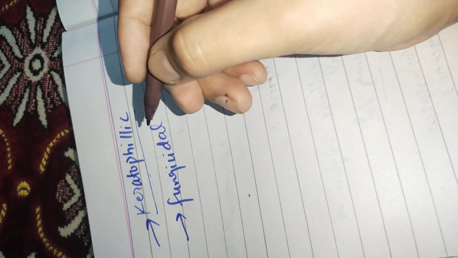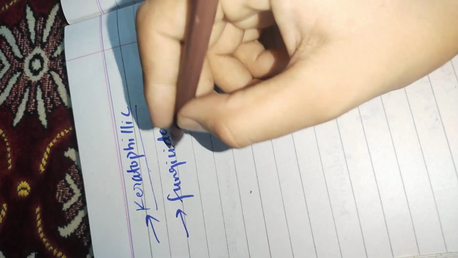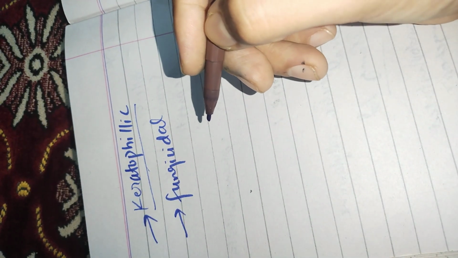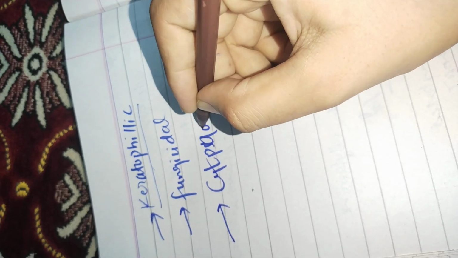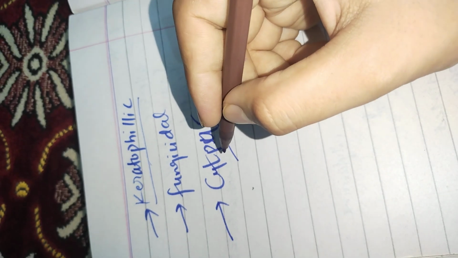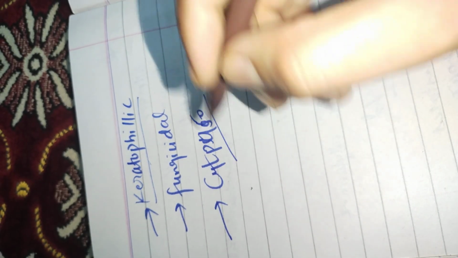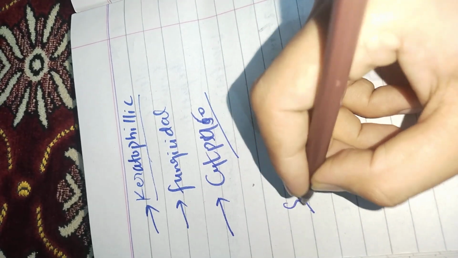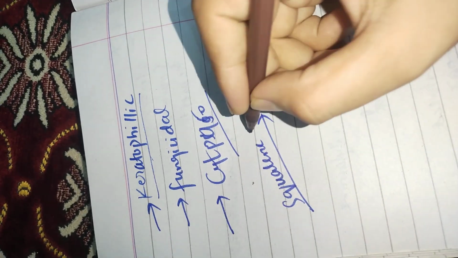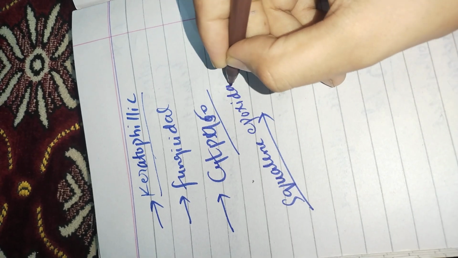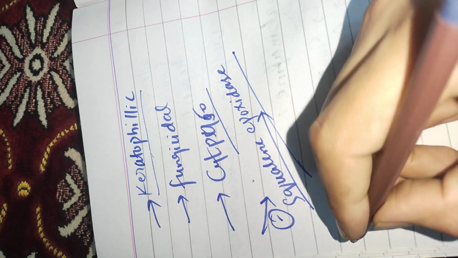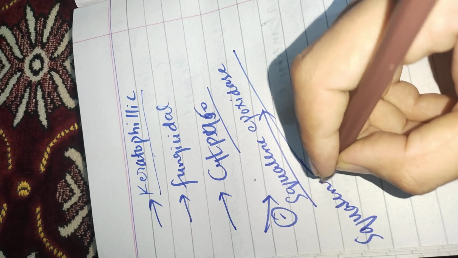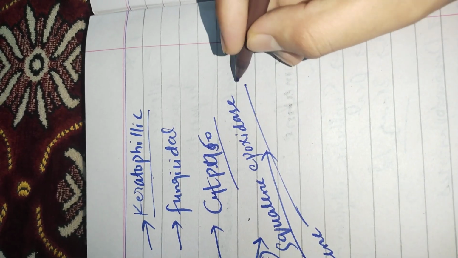Azole drugs inhibit the synthesis of ergosterol. Terbinafine also inhibits the synthesis of ergosterol, but azole drugs inhibit the cytochrome P450 enzymes of fungus, while terbinafine inhibits the enzyme squalene epoxidase.